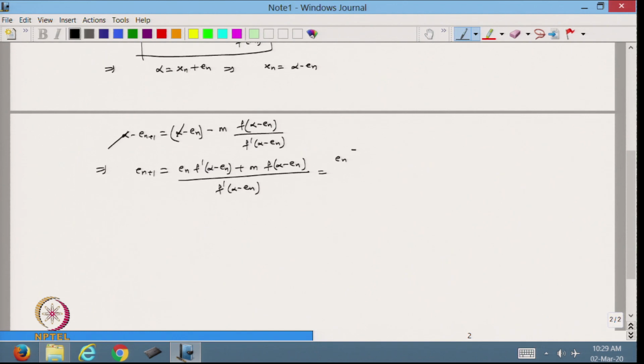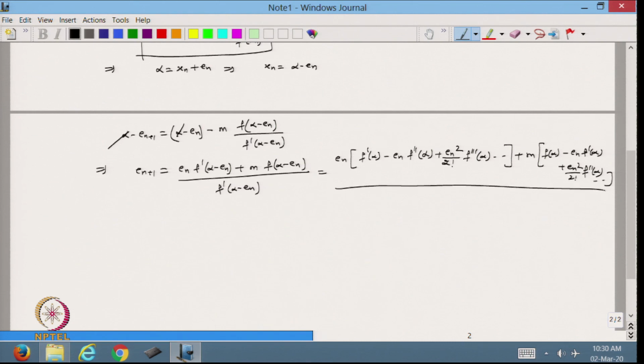So this equation becomes: f dash alpha minus en f double dash alpha plus en square by 2 factorial f triple dash alpha and so on, plus m times f alpha minus en f dash alpha plus en square by 2 factorial f double dash alpha and so on, divided by f dash alpha minus en f double dash alpha plus en square by 2 factorial f triple dash alpha and so on. This way we define the Taylor expansion.